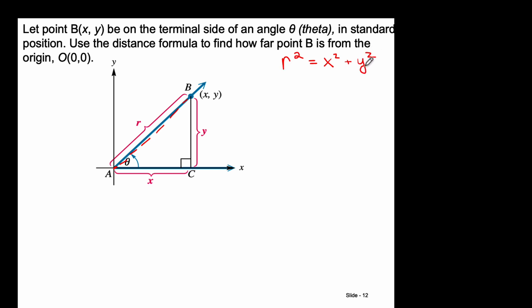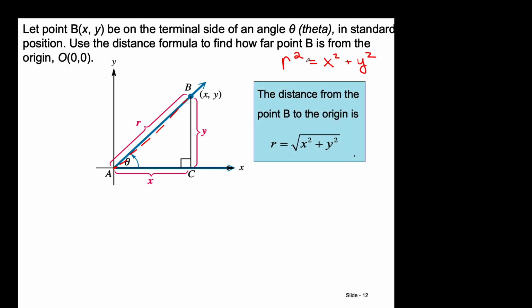So we're going to leave x and y as variables, and we're going to solve for r. To solve for r, we need to get rid of this squared. How do we get rid of a squared? We square root both sides of the equal sign. And it turns out that the distance from point B to the origin is equal to the square root of x squared plus y squared.